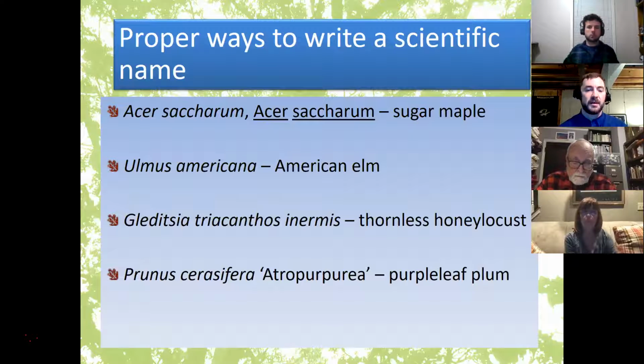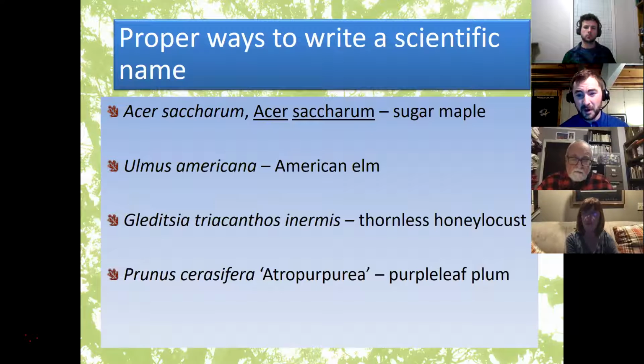That is thornless honey locust, and it's written all as three words there, because the inermis is what dictates that it's the thornless variety. And that's where we can get into a subspecies. I think what you may be referring to is more of a variety.